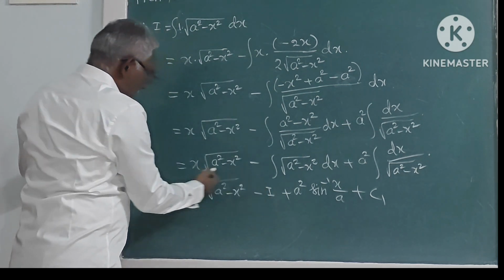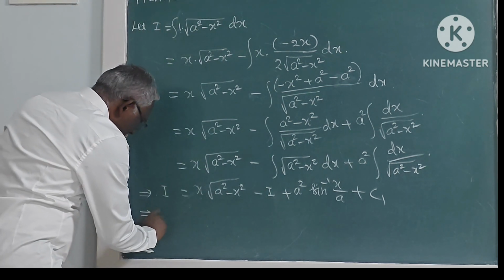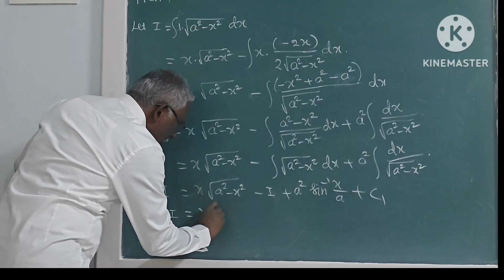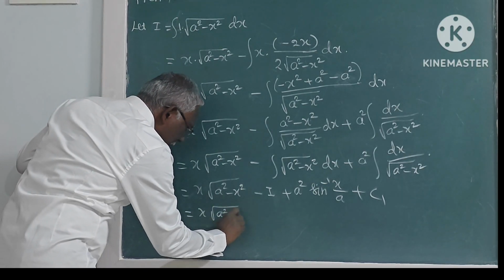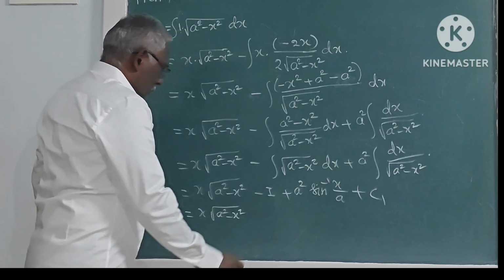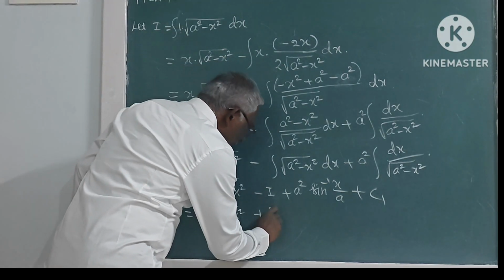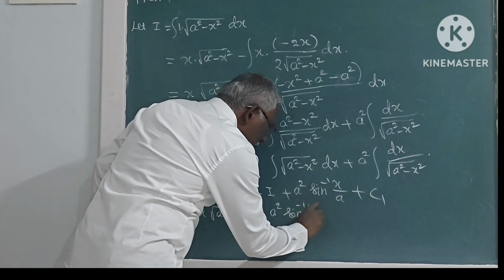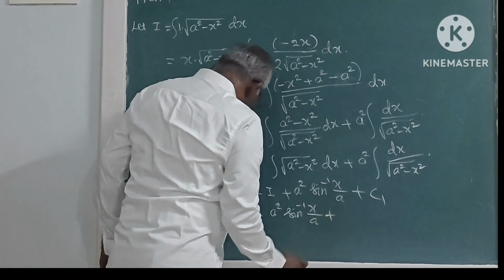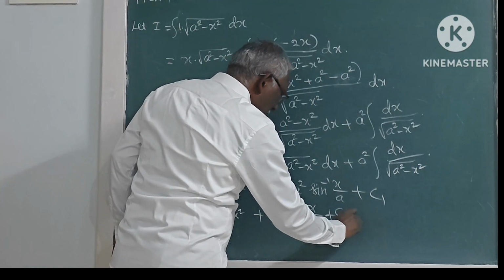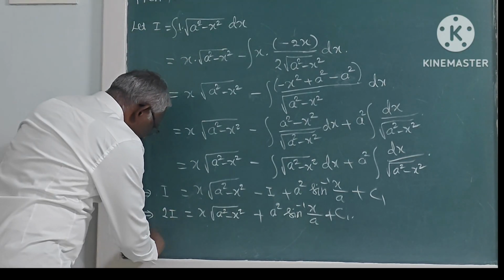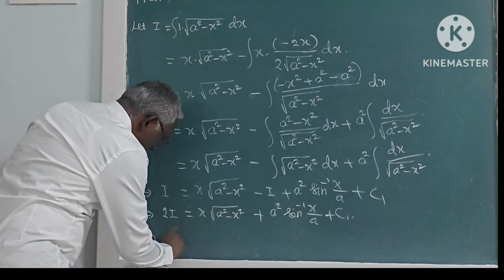Now take I to the left hand side. So 2I is equal to x into square root of a square minus x square plus a square sine inverse x by a plus constant. This gives the value of I.